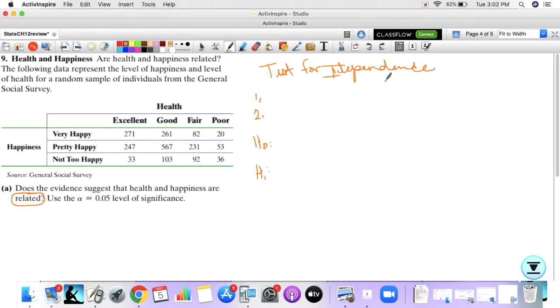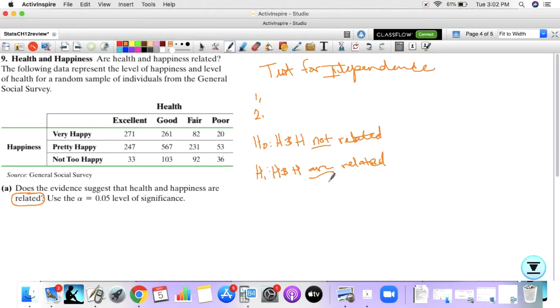Well, when we're testing for independence, our null is going to be that they are independent, which means they are not related. So we would say health and happiness are not related, which means that they are independent. Our alternative is that health and happiness are related. We can assume that they are separate until we find evidence to say that they are.